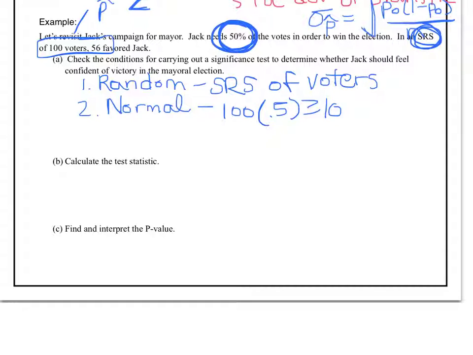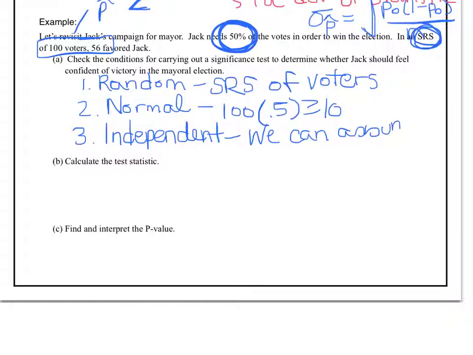And 1 minus 0.5 is 0.5, so I just have to redo that. Number 3, independent. We need to assume that at least 1,000 people are voting, which is not a bad assumption. So we can do that.